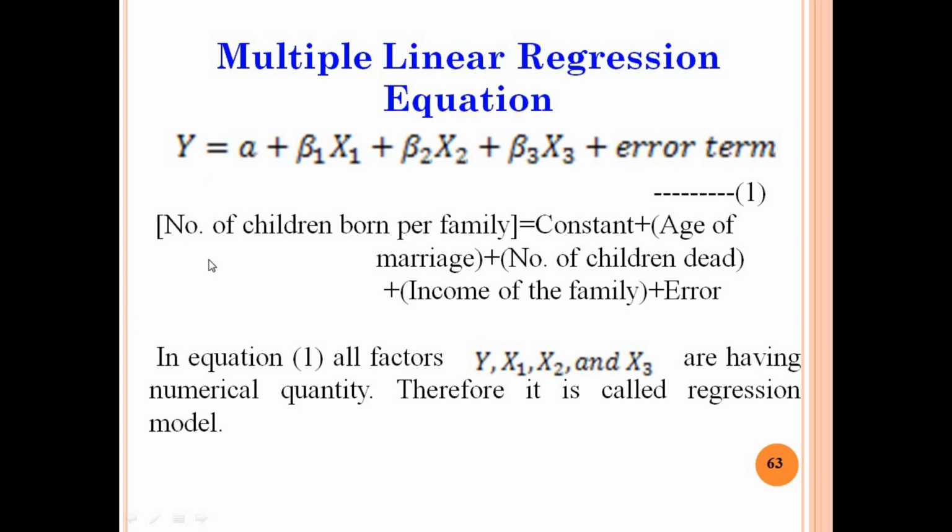Y is your number of children born per family, a is the constant, plus beta 1 x1 for age of marriage, beta 2 x2 for number of children, plus income of the family, and the error term.